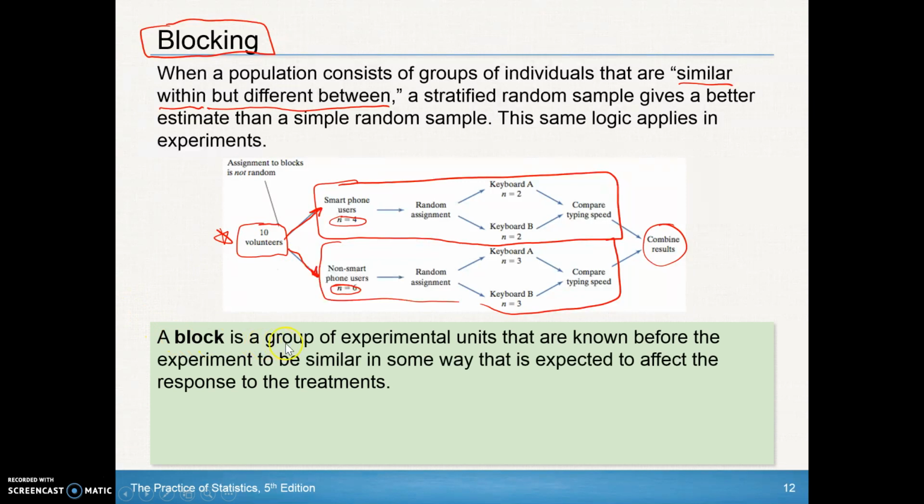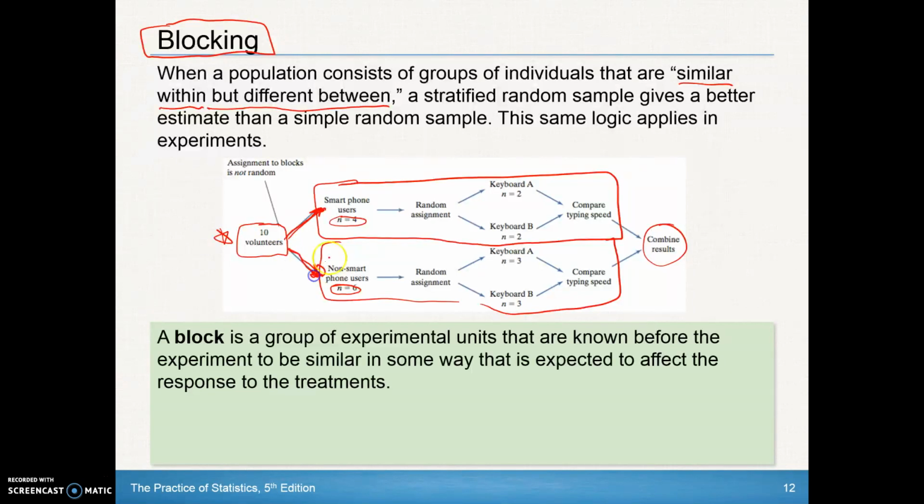A block is a group of experimental units that are known before the experiment to be similar. Like here, we knew these 10 volunteers included people that use smartphones, and that's a similar group in some way. We would expect some inherent bias that might affect the responses to our treatment, and that's why we separate those two.